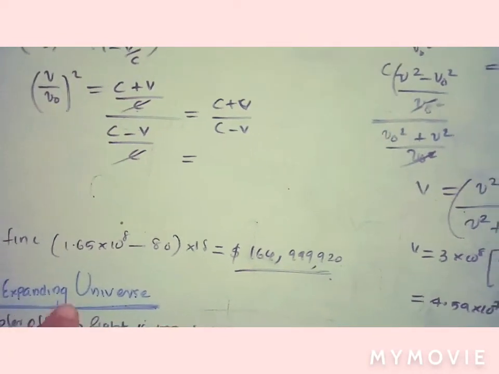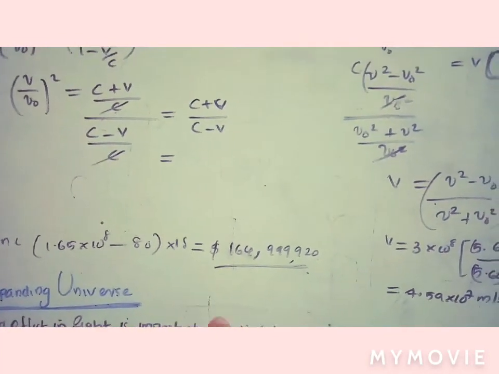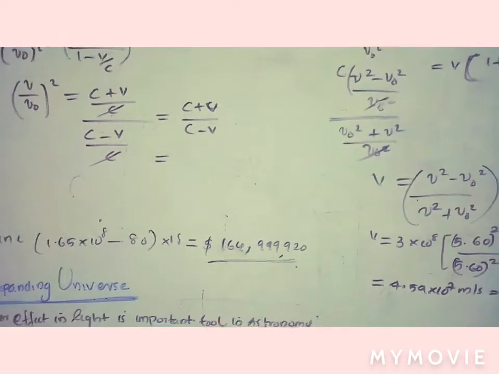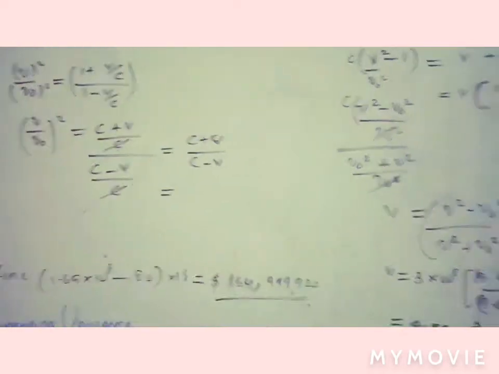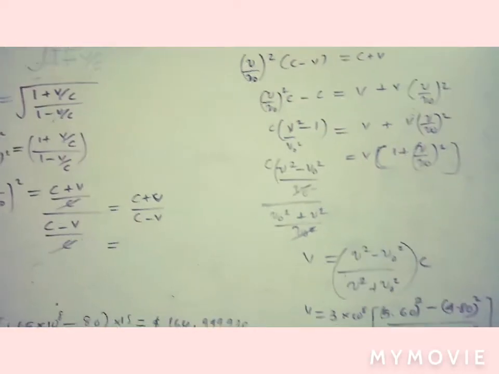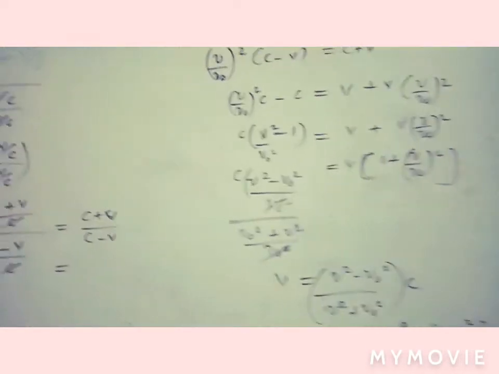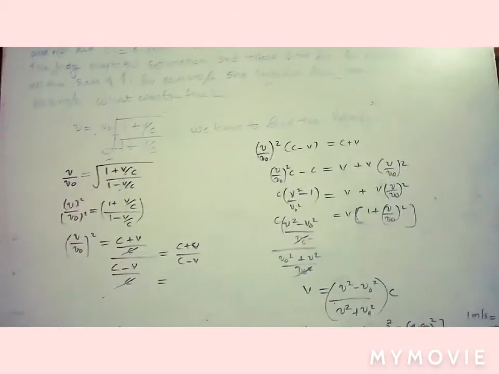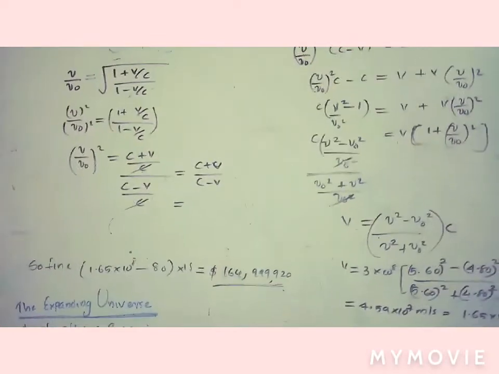So 1.65 into 10 raised to 8 minus 80, into $1, that is this much value. Okay, so you understand the question. If there is relative speed, there will be a Doppler effect, and the equation is very important.